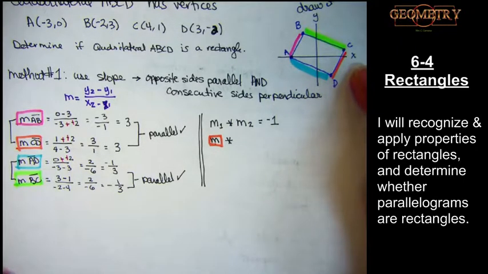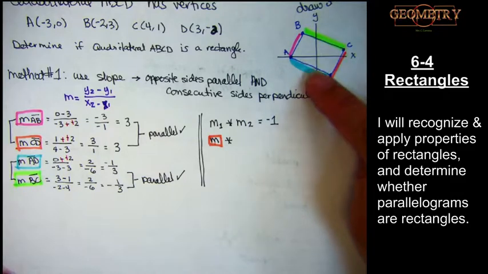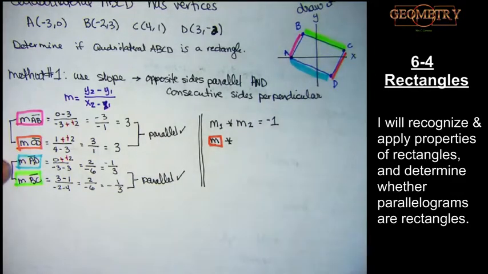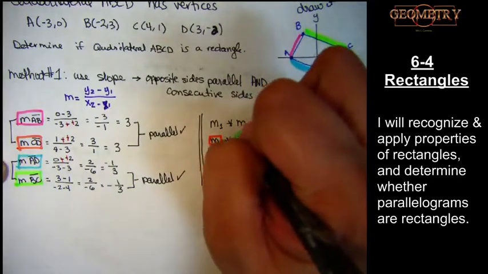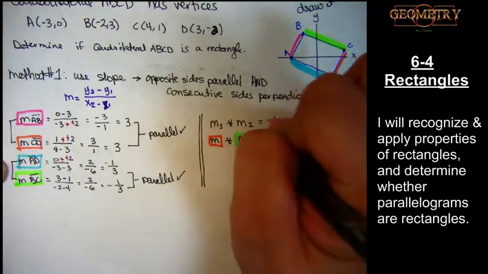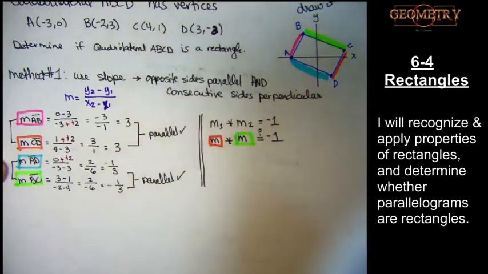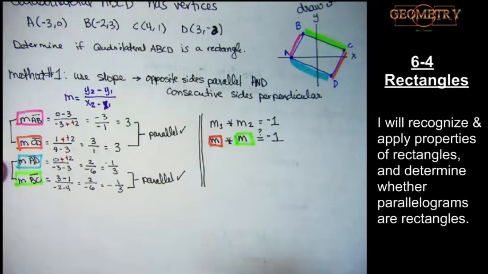So I need to pick either the green or the blue line. Again, it doesn't matter, your choice. Green? Okay. So we're going to look at the green slope. I don't know if this is going to be -1. If it is, they're perpendicular.